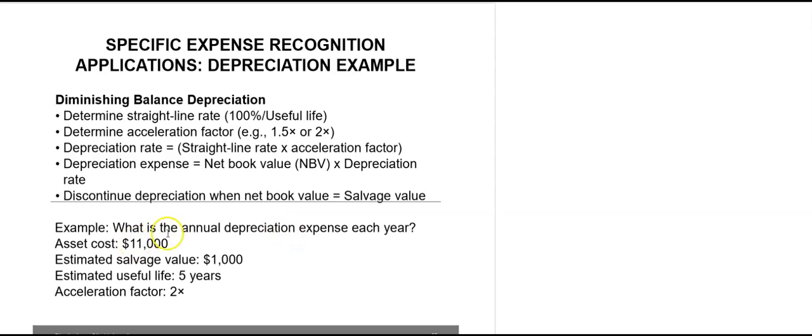Now here we have an example where the asset will cost $11,000 with an estimated salvage value of $1,000, estimated useful life of 5 years, and acceleration factor of 2 times. So first we calculate the straight line depreciation rate, which is equal to 11,000 minus the 1,000 salvage value divided by the useful life, which is 5 years, and that gives us 20%.